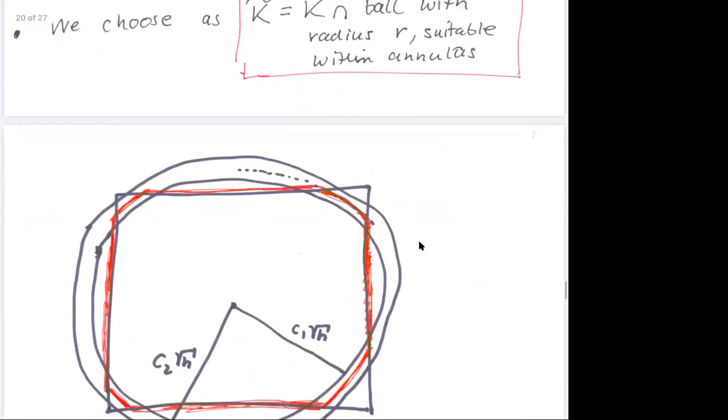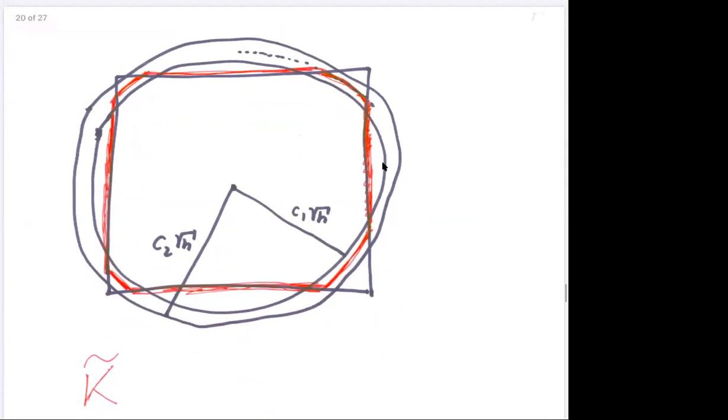So I've made a picture. We have our body. We'll have our annulus that's given to us by the small radius C1 root n and by the large radius C2 root n. So here is our annulus.